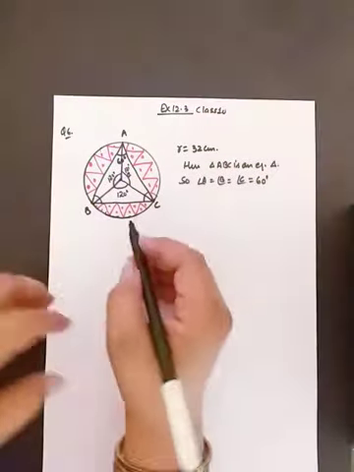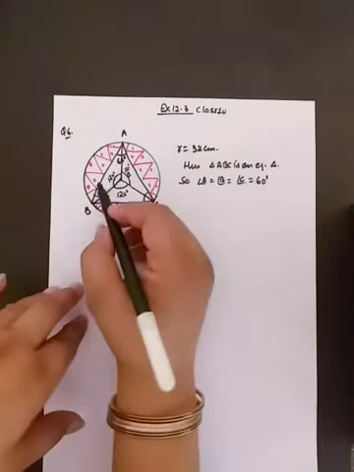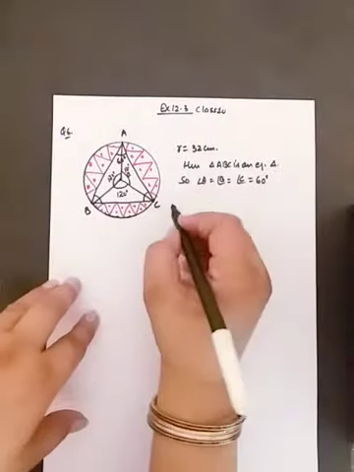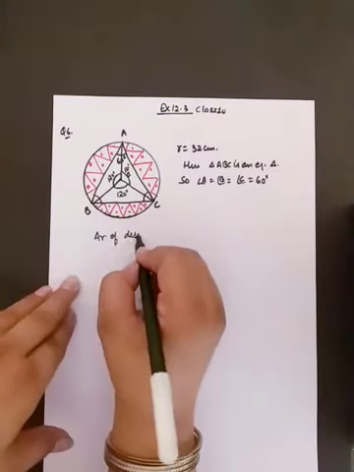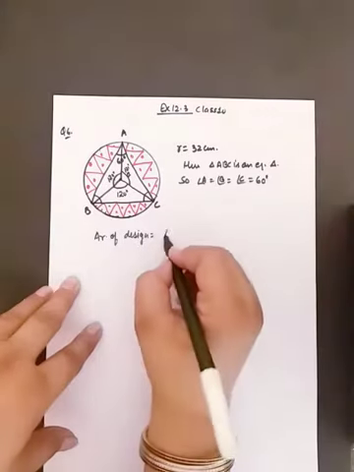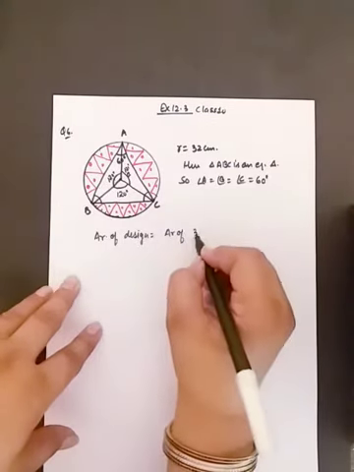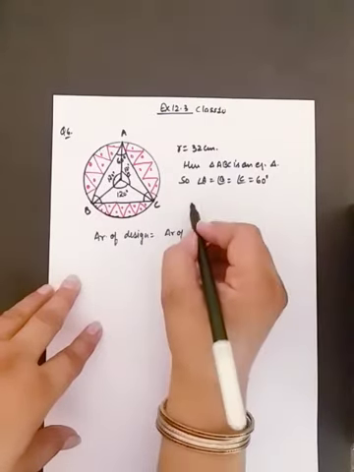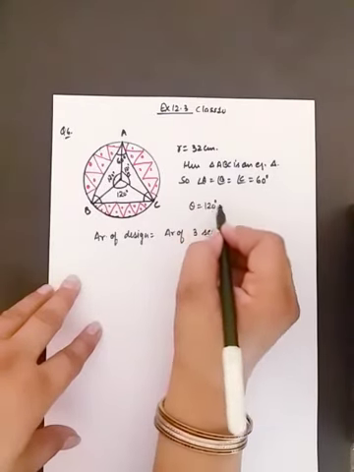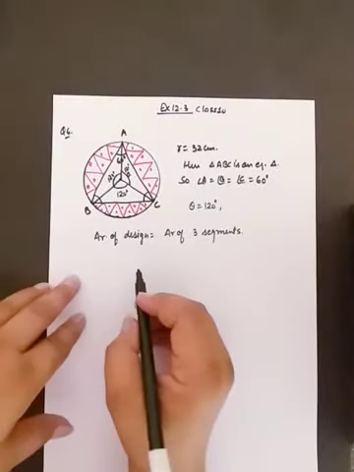So it means to find the area of design, we will find the area of three segments. Here the area of design is equal to the area of three segments, where theta is equal to 120 degree and the radius is already given.